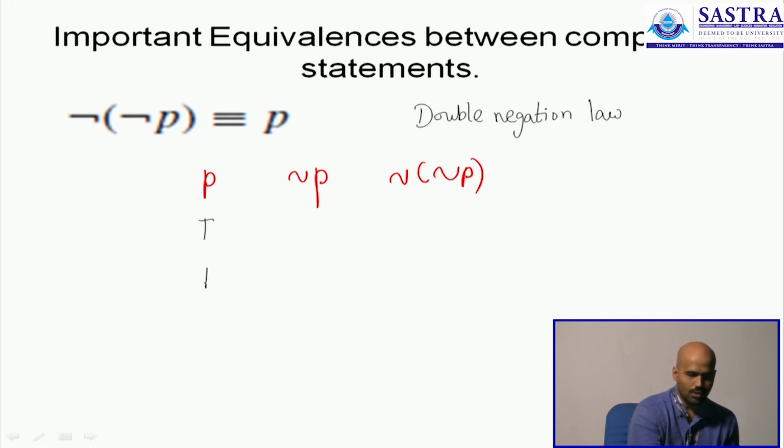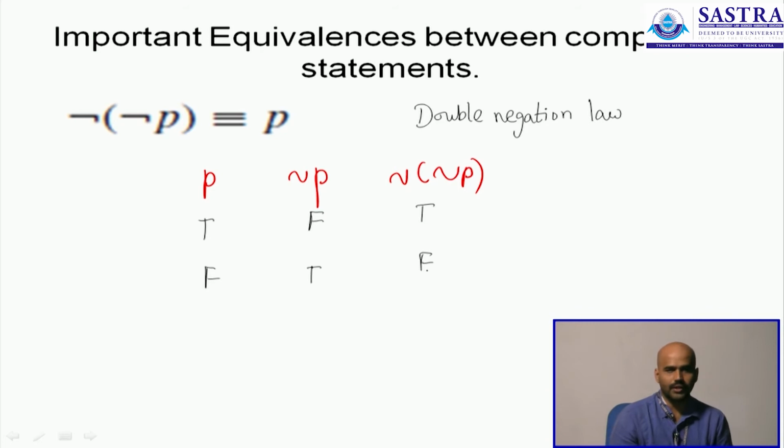So true false becomes false true when you negate, and false true becomes true false again when you negate the second column. And now when you compare column 1 and column 3, you see that they match, there is a 100% match. This is called double negation. So you negate any statement twice over, you will get it back.